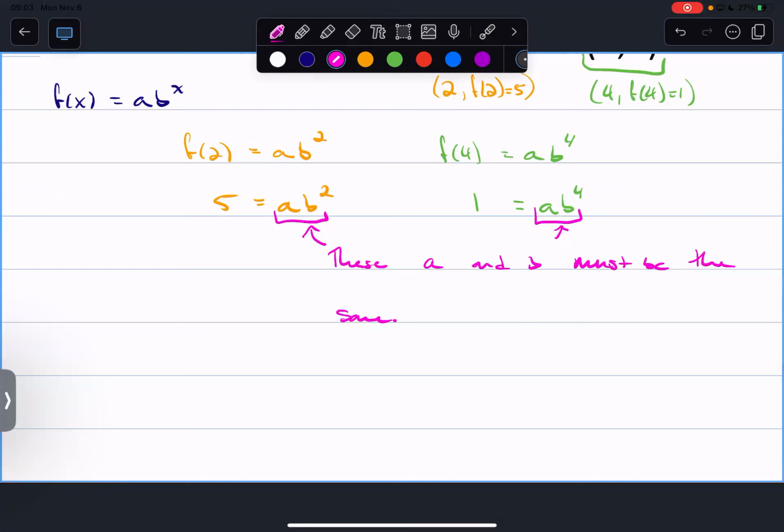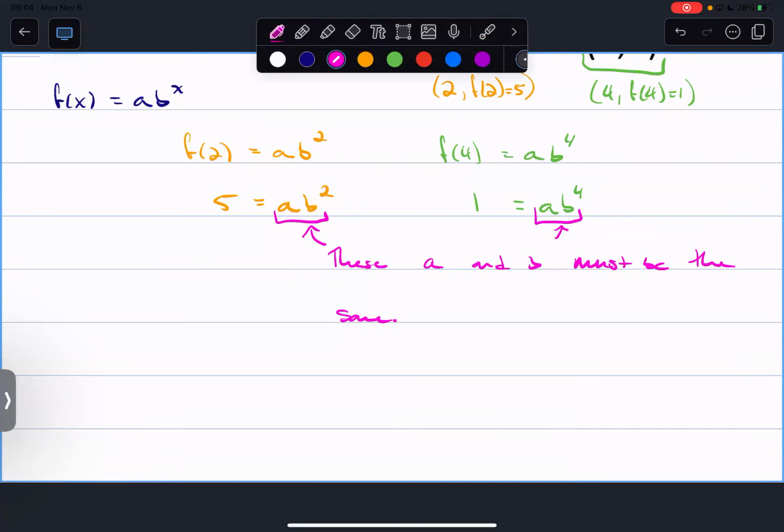So what could I do? I could set them equal to each other, but they're not equal, right? This one's equal to 5 and this one's equal to 1. But what's something I could do? I could move this 5 and the 1 over to the right-hand side and force them both to be 0. And then I can use 0 as my gateway drug. Right?